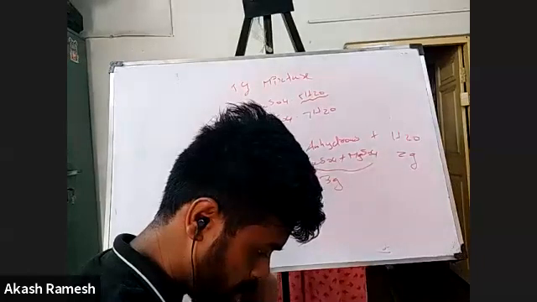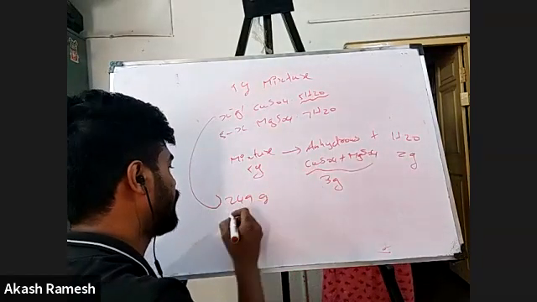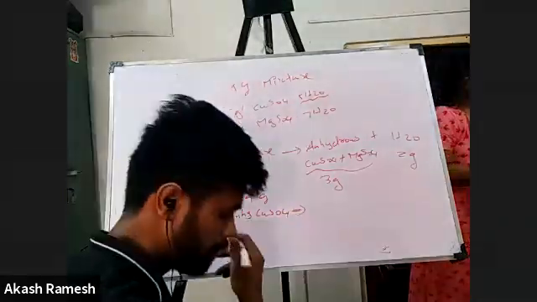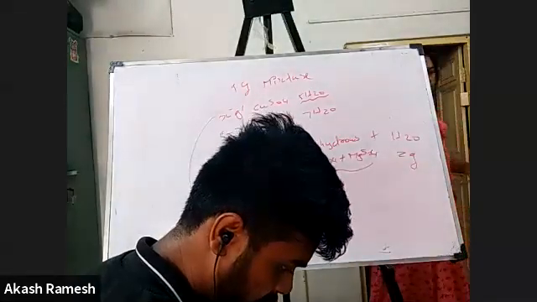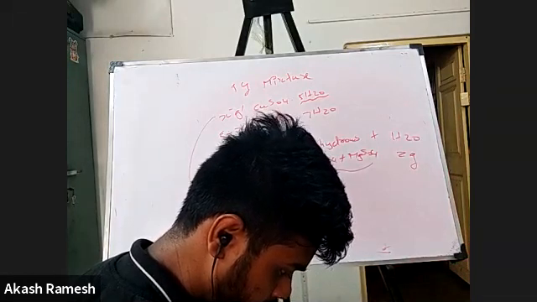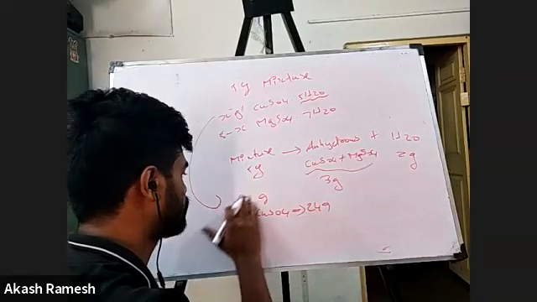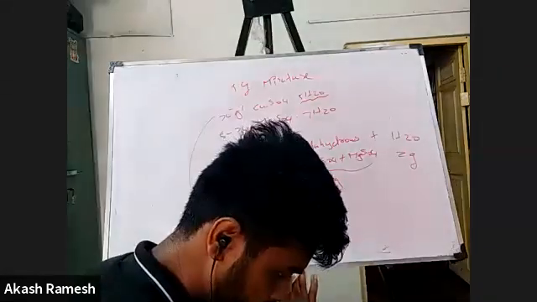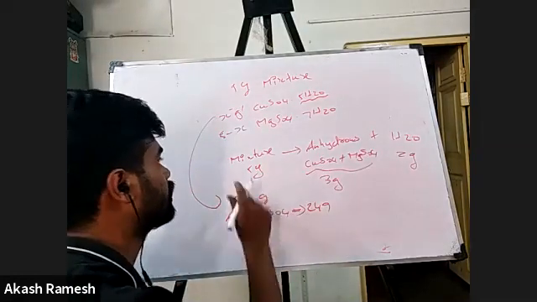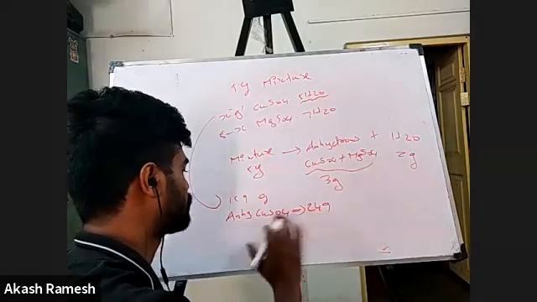The molecular mass of the hydrated CuSO4.5H2O, with the water of crystallization, would be 249, and the anhydrous CuSO4 would be 159.